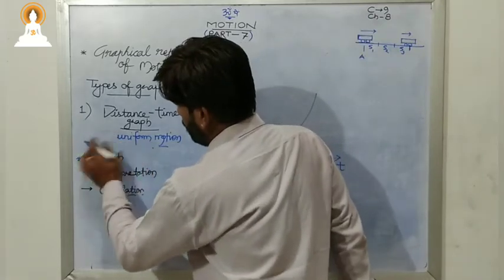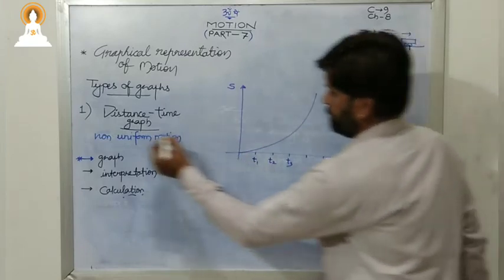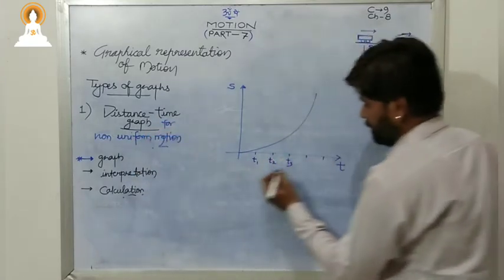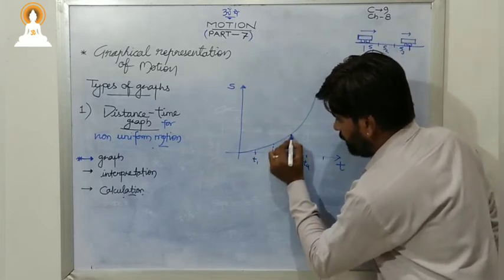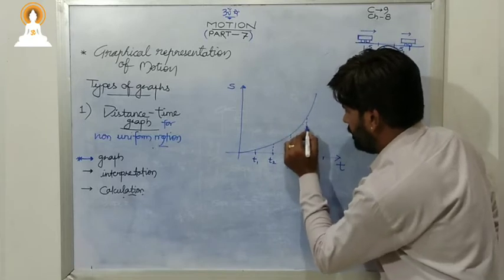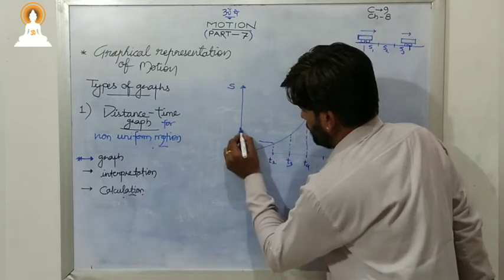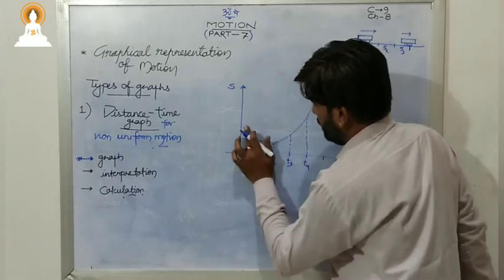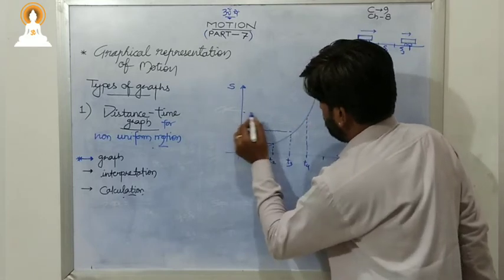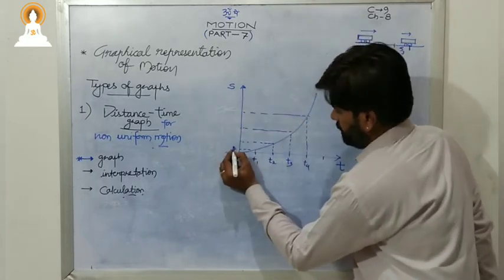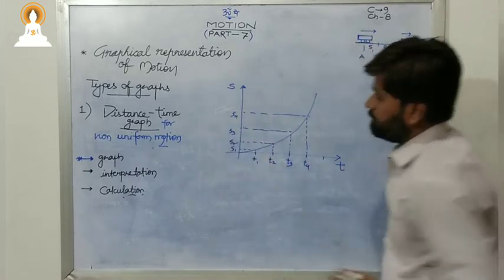Here, for non-uniform motion, with t3 and t4, something will be observed, and that is this. And this will be S1, S2, S3, S4.